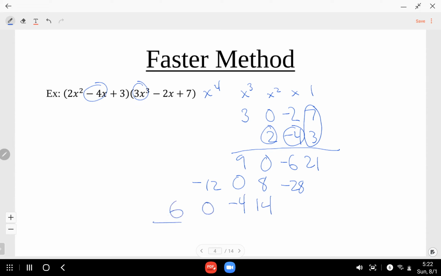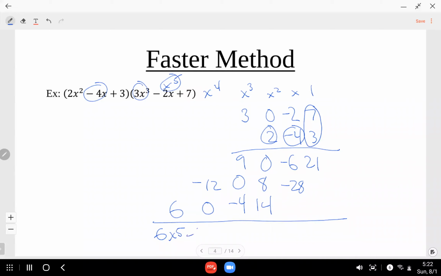Okay, same thing. And then you're just going to add, right? When you're adding, this is the x to the 5th column. Basically, after the result, write x to the 5th, or whatever column it is.